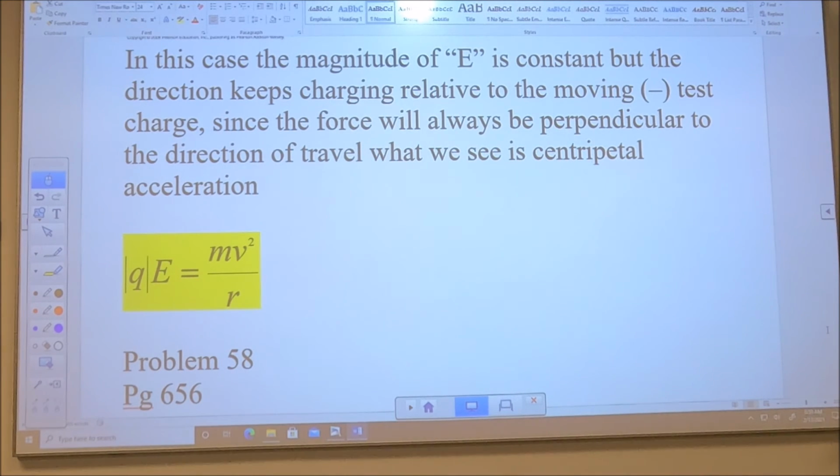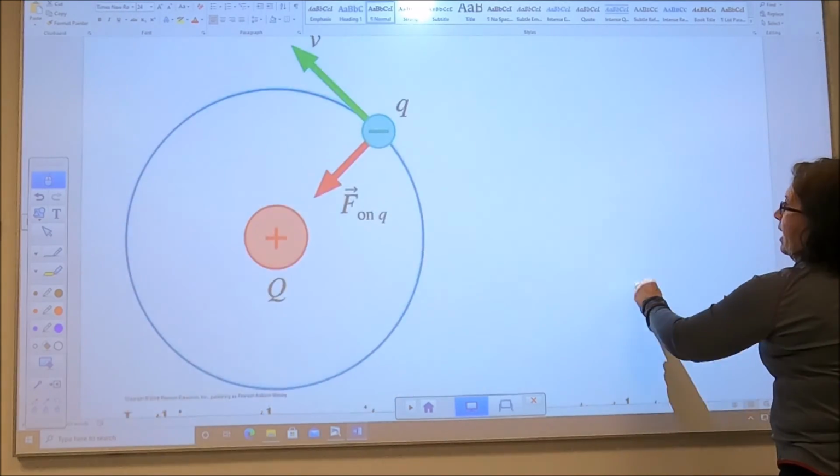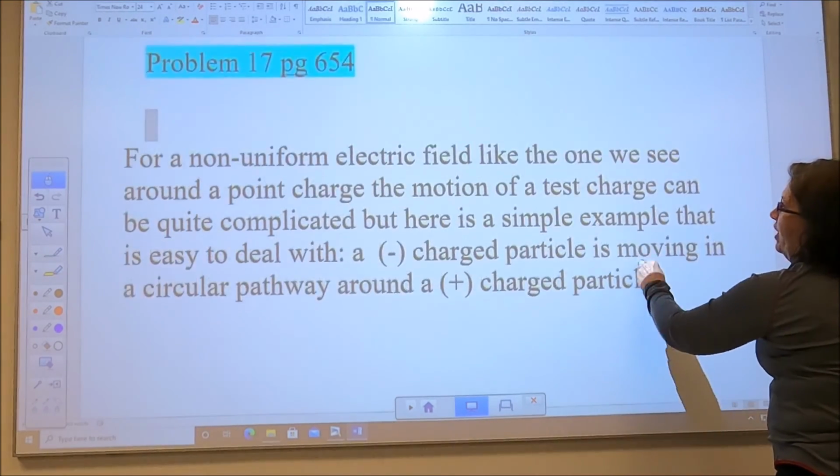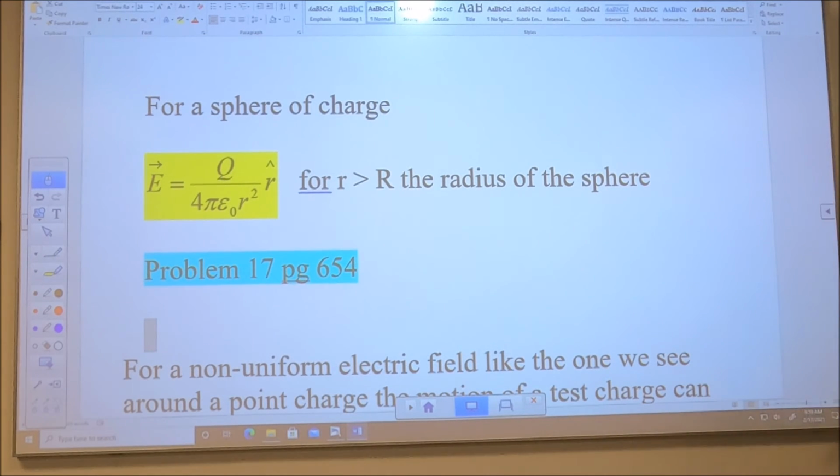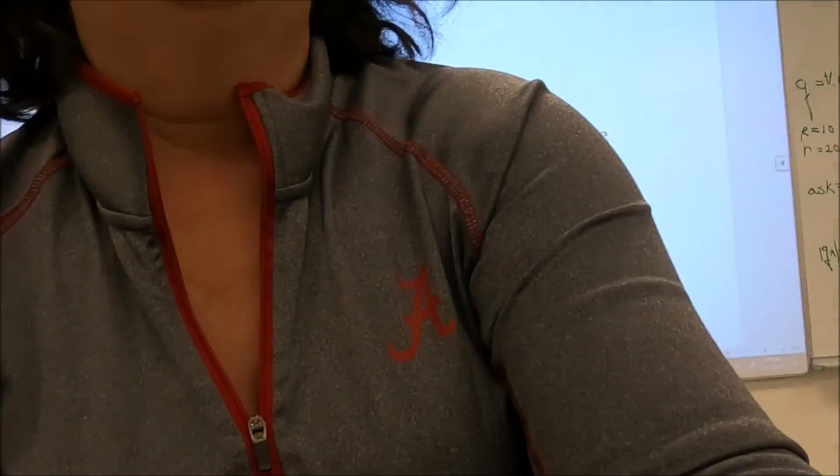Beyond that, we're also going to need our equation for a sphere of charge: E equals the magnitude of Q over 4 pi epsilon 0 r squared, r hat. So with all that, let's start plugging in.